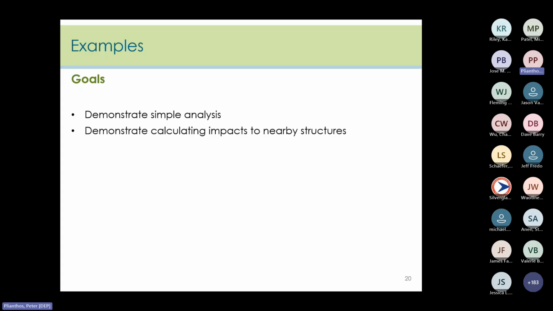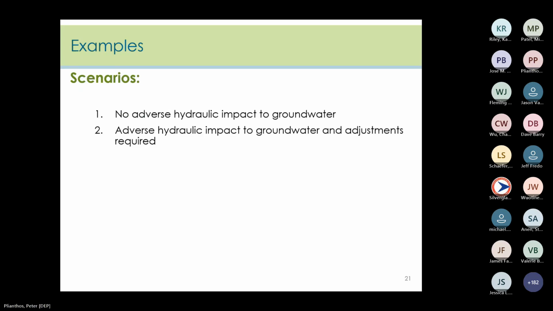After a straightforward example, we'll look at an analysis that shows infiltration will be at a slower rate than the design saturated soil hydraulic conductivity and what changes need to be made because we encounter an impact. In other words, we're going to see two different scenarios.